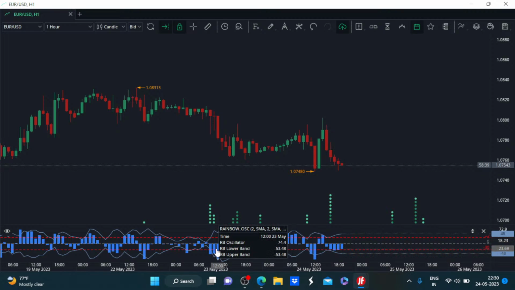We can simply gauge it by looking at the RB oscillators value. And for figuring out the overbought and oversold, we can put the extreme levels of 80 on the higher side and minus 80 on the lower side.